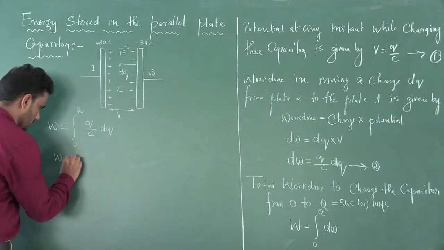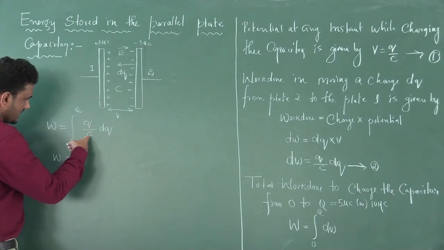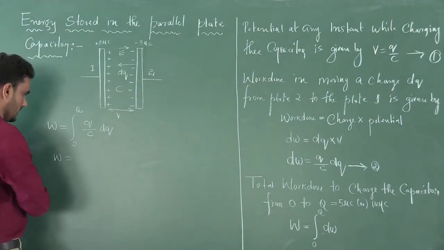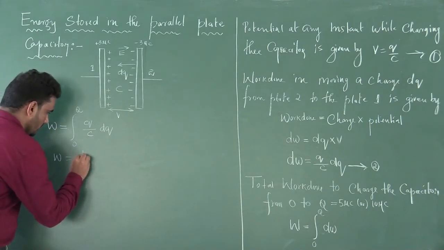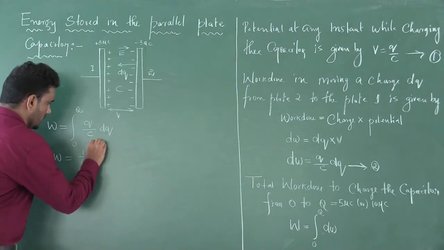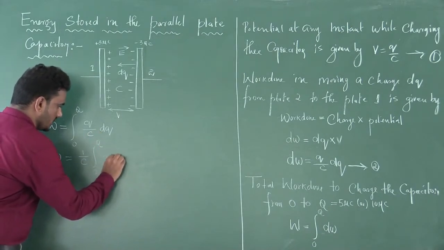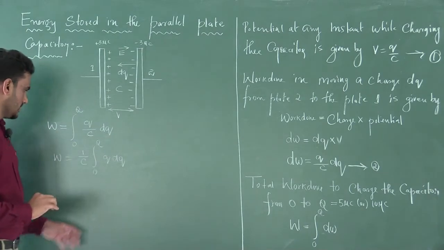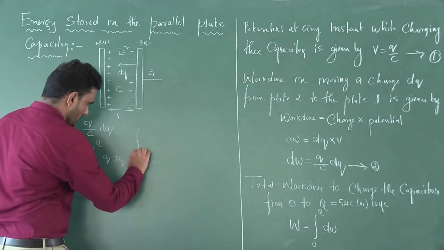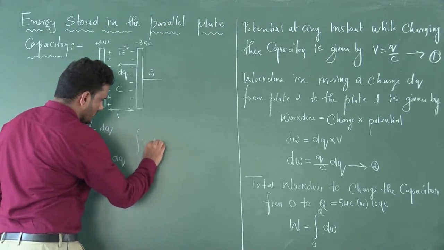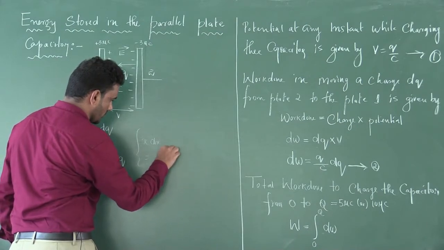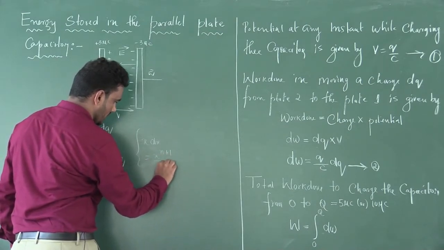Then W is equal to, here C, the capacitance of the capacitor, is constant. I'll take it out of the integration. So 1 over C, integration from 0 to Q. What is the remaining thing? Q into dQ. We have a simple integration formula: the integral of x to the power n into dx is equal to x to the power of n plus 1 divided by n plus 1.